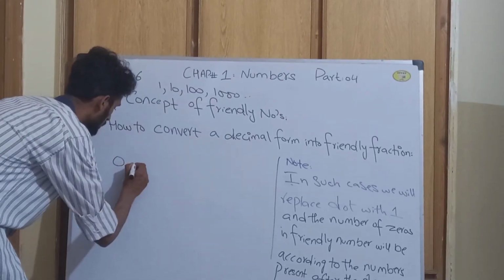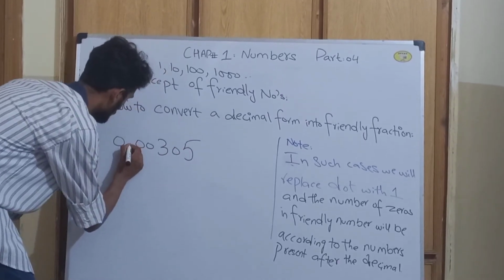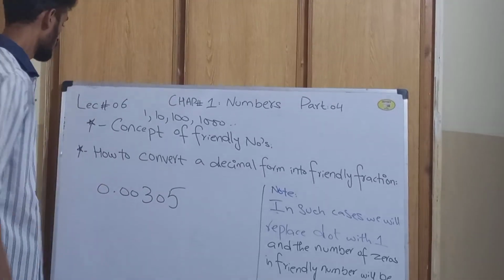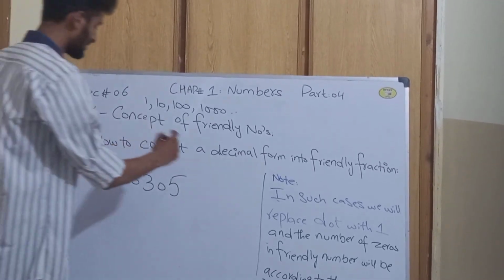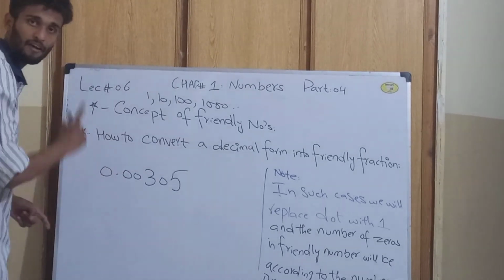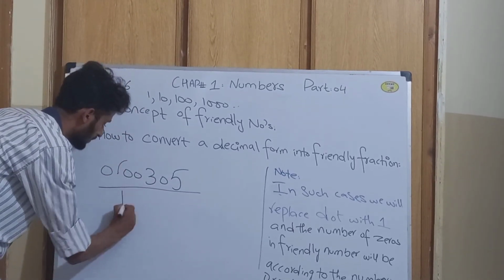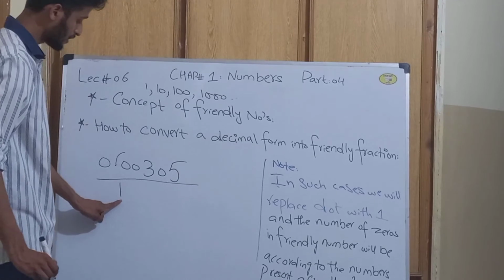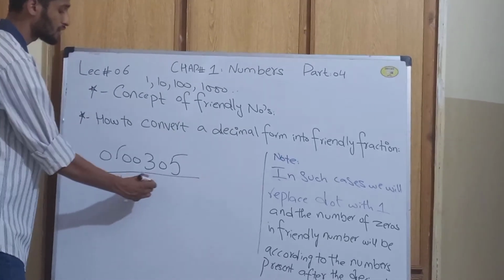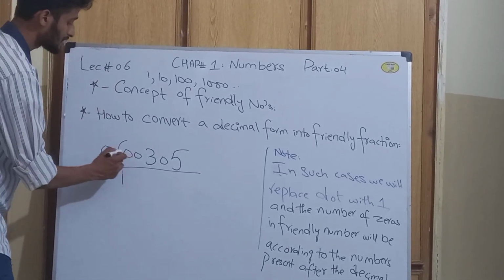We have a number 0.00305. We have to convert this decimal form into friendly fraction. So we will apply the basic rule. First of all, we will replace this dot by 1, and the number of zeros which we will write after this 1 will be decided by the numbers present after the decimal.